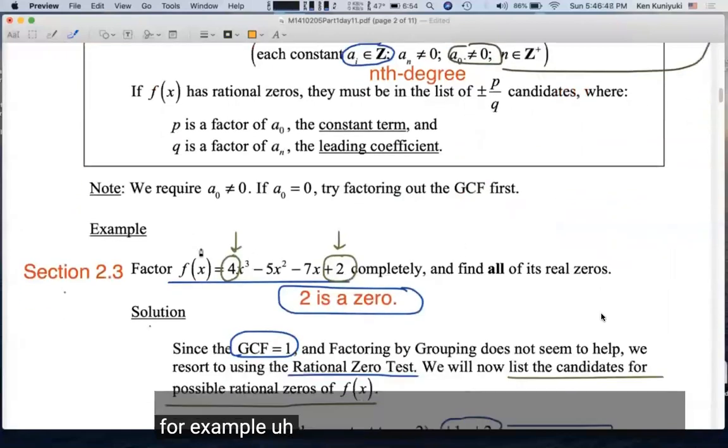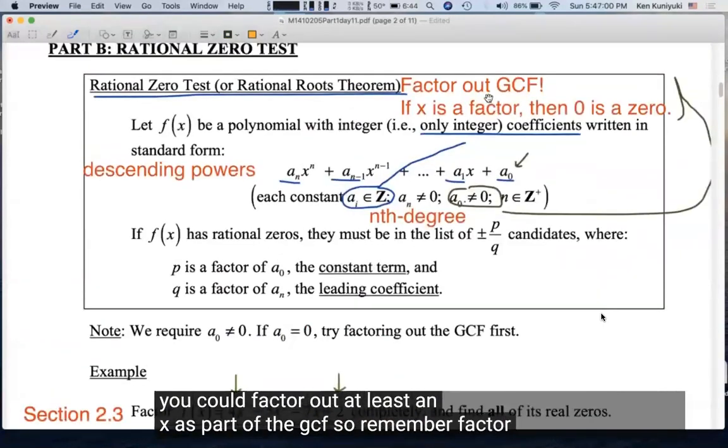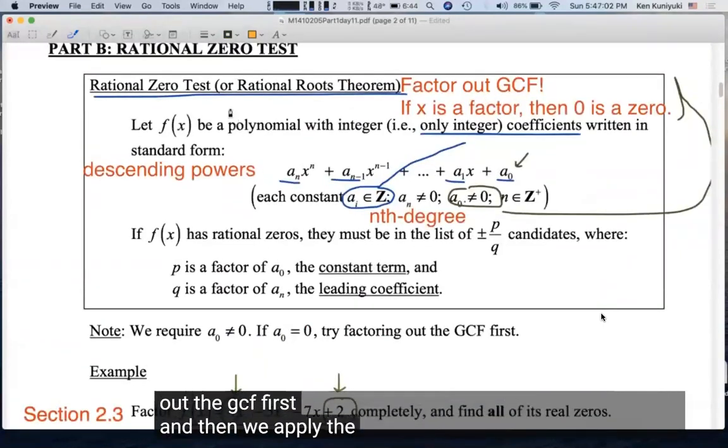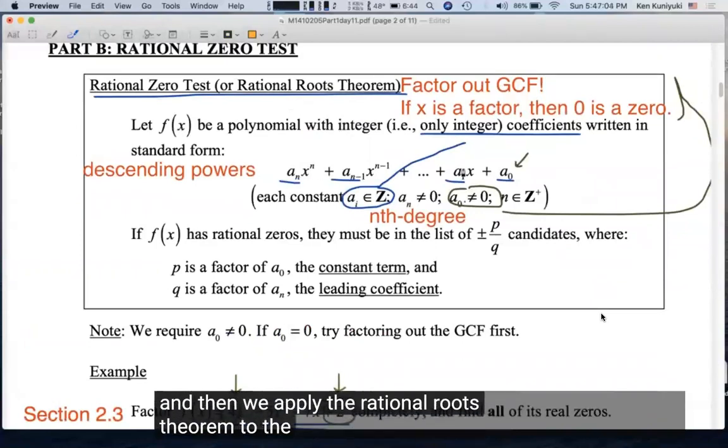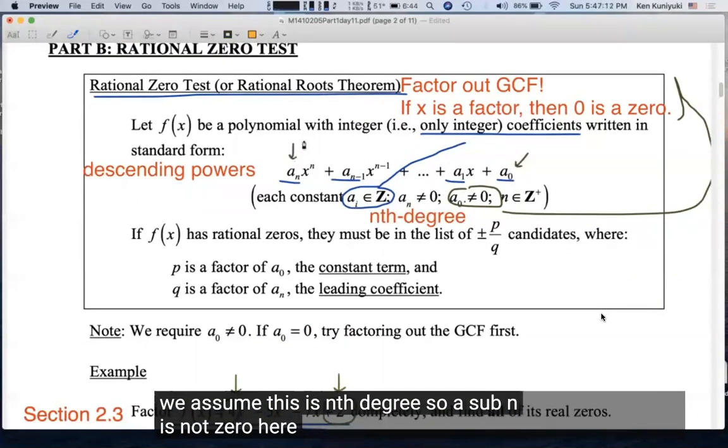For example, in our f of x example here, we had a positive 2 at the end. If each of the terms had an x in it, then you could factor out at least an x as part of the GCF. So remember, factor out the GCF first, and then we apply the rational roots theorem to the rest. We assume this is nth degree, so a sub n is not 0 here.